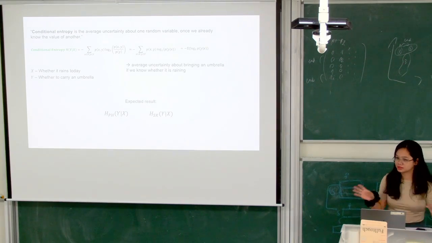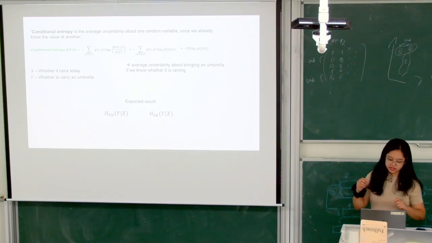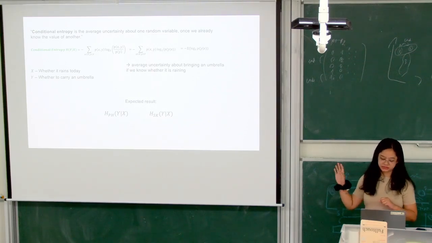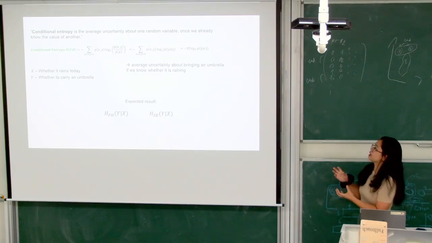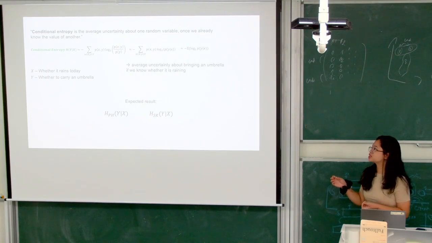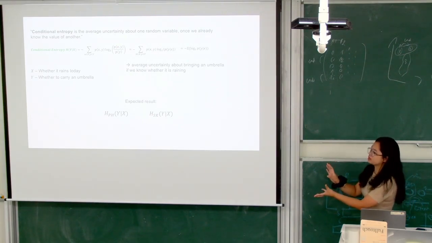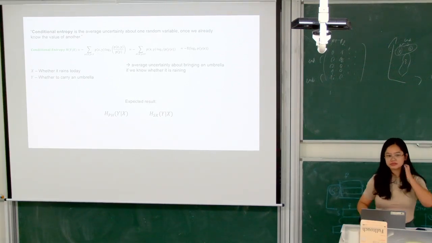We will not solve the example, but given the chances of rain in South Korea and the Philippines, what can we expect about the uncertainty of bringing an umbrella? Do you know which case will be more uncertain or which case will be less uncertain?